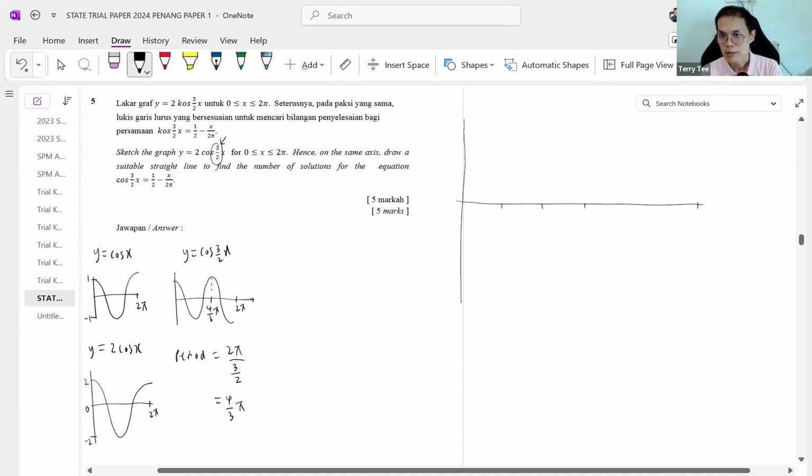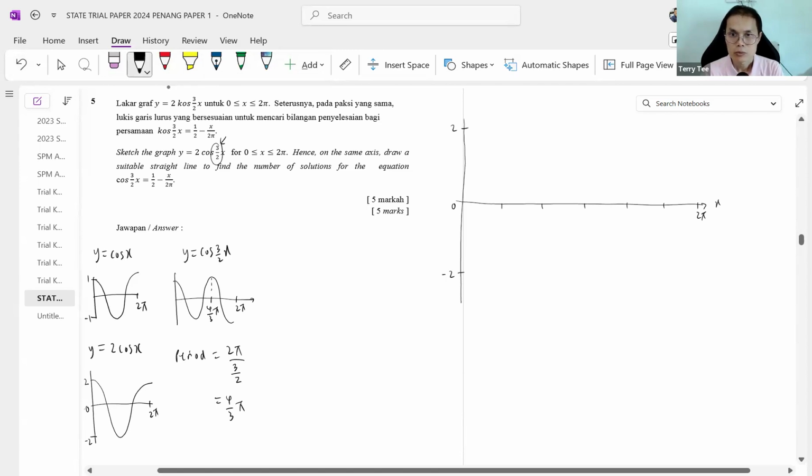So something like this. This is 2 pi. Maximum 2, minimum -2. Maybe I should put the 2 below, nearer. It's a bit too far. Okay, I just put it here.